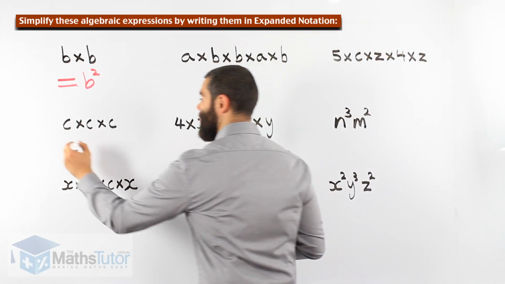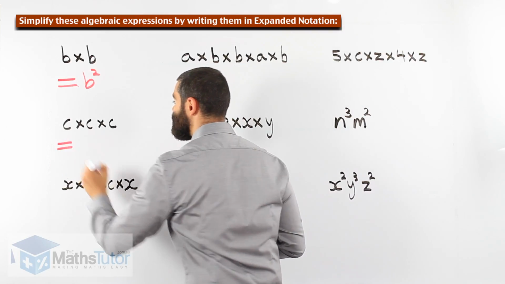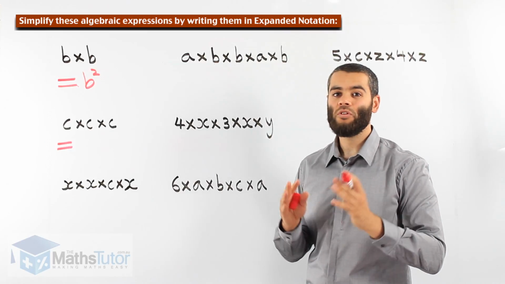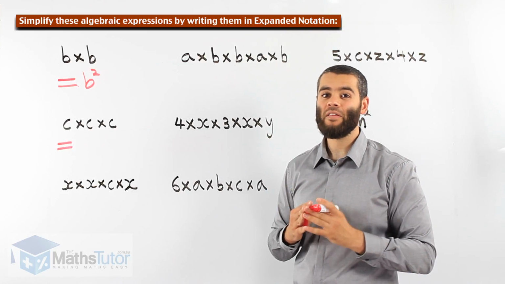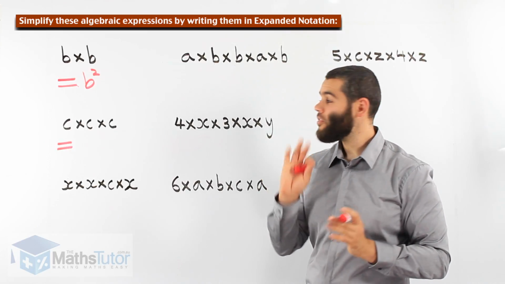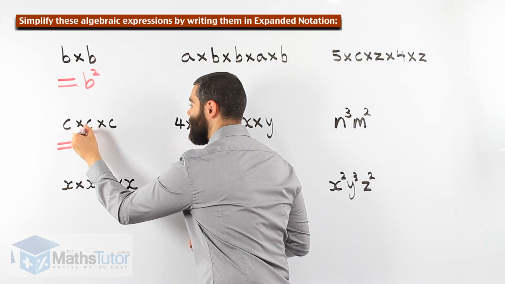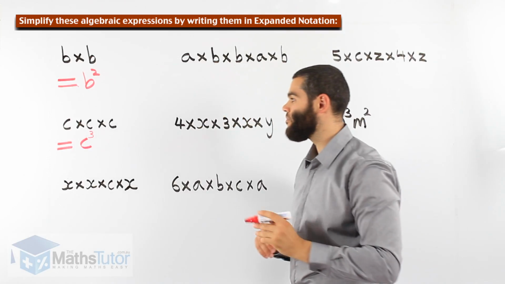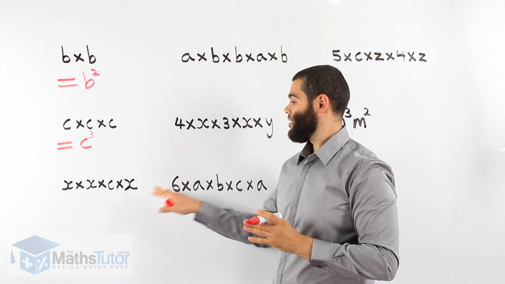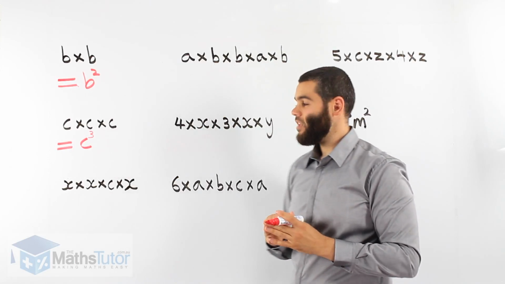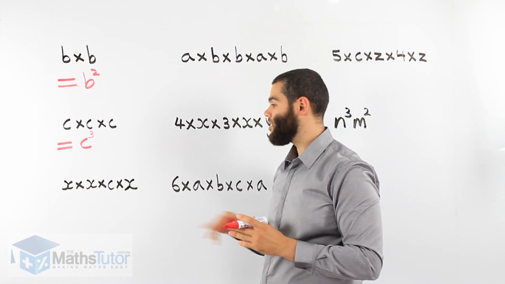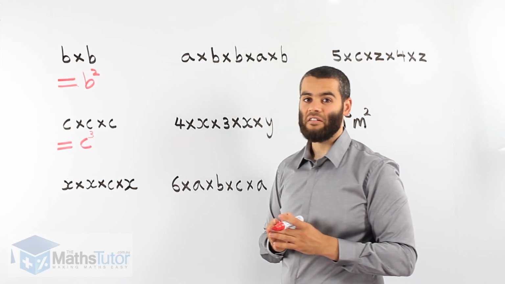This one here, c times c times c. What do you think is to happen? How many c's are there multiplying each other? There are 3 c's. 1, 2, 3, c to the power of 3. It's that easy.